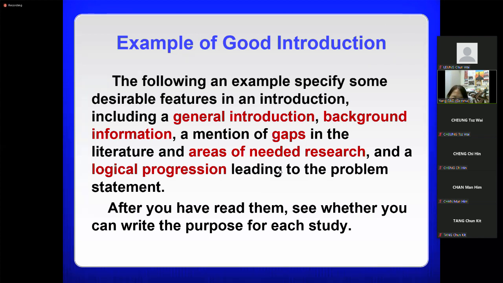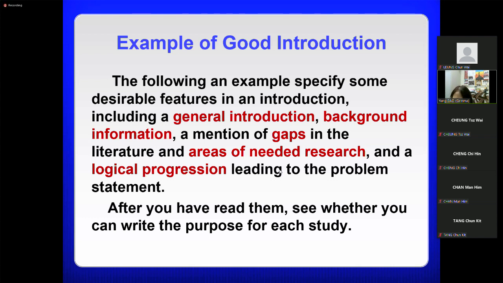First, usually start from a general introduction and then narrow down to the background information of your study, and then mention the research gaps as well as the area you needed research, and then lead into your research problem.